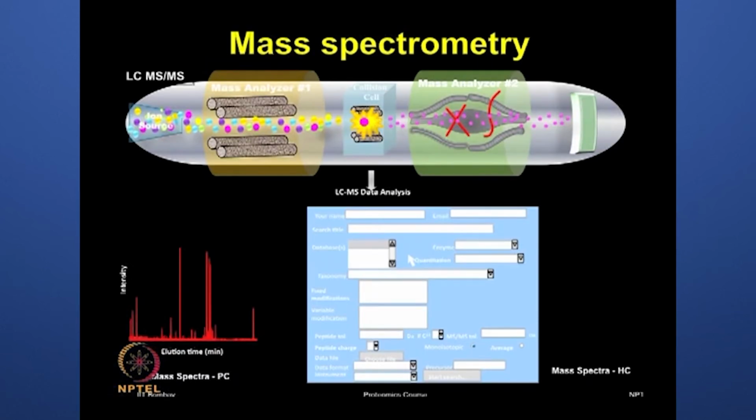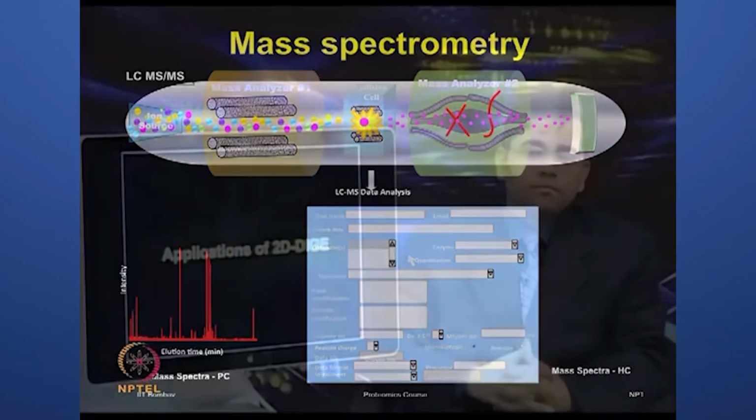Once the spots are analyzed and excised from the gels, then you follow the same procedure. You can use any of the mass spectrometry platforms and then obtain the MS spectra for further analysis using different types of bioinformatic tools such as MASCOT.